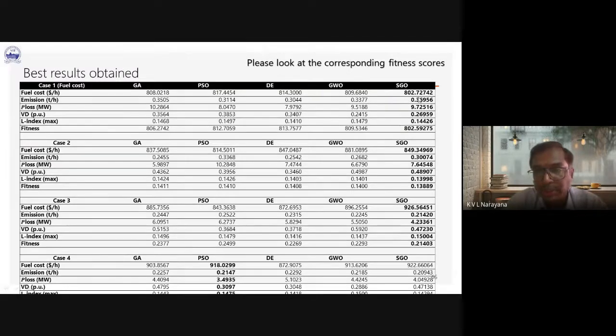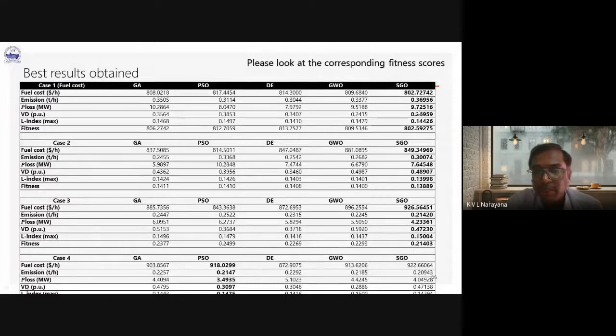So this particular slide shows the importance or the accuracy of the SGO when it is tackled with the optimal power flow problem, that is the IEEE 30 bus system. The emissions are also minimum, so 0.36952 tons per hour. So this much emission only is generated by the generators, and power loss is also minimum.